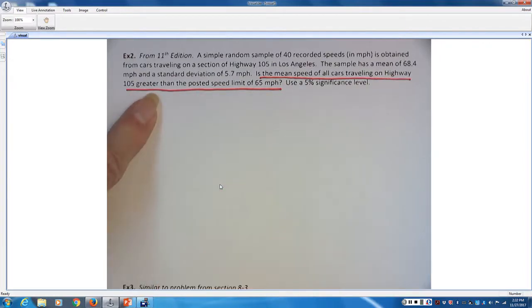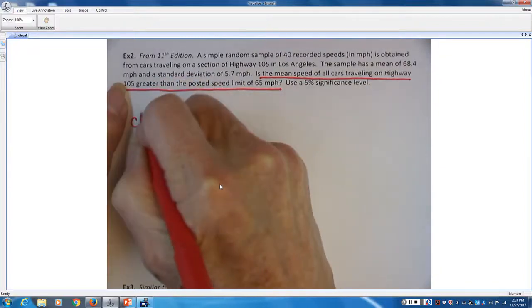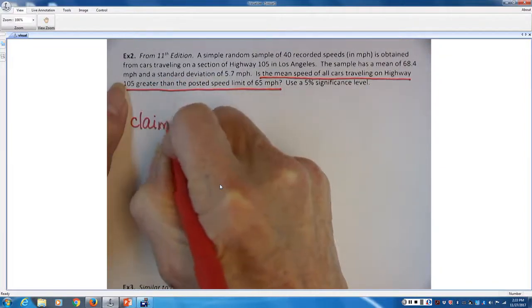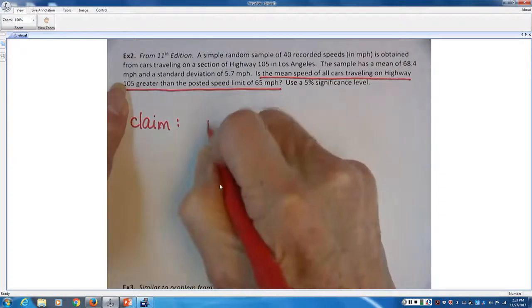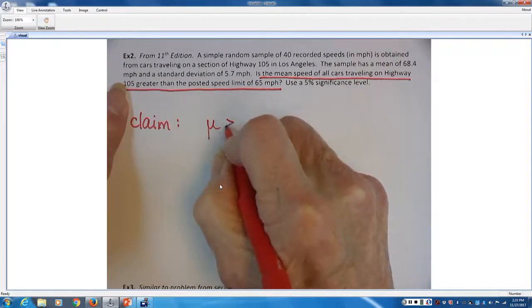The mean speed of all cars traveling on the 105 or 65? Okay. The claim that is suggested by the question is that mu is greater than 65.